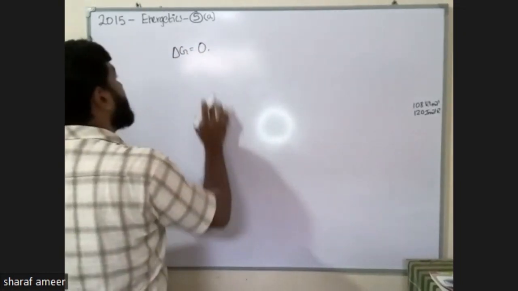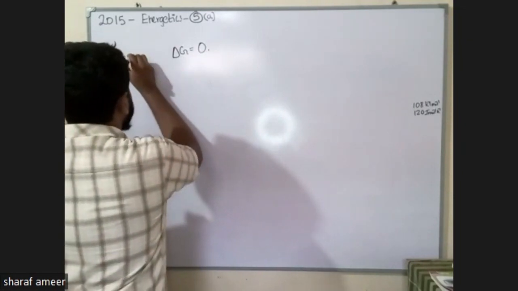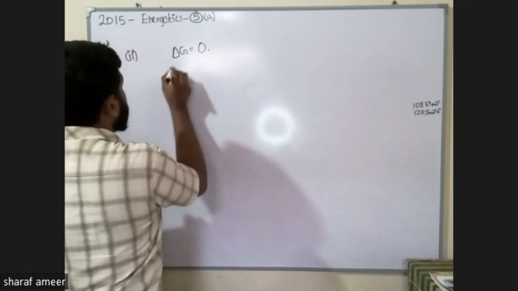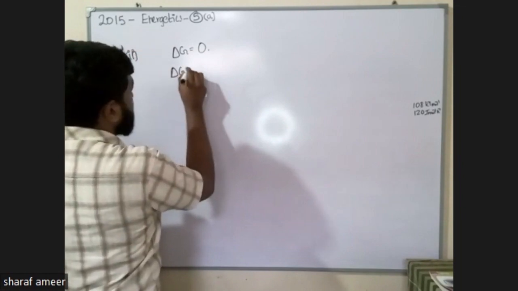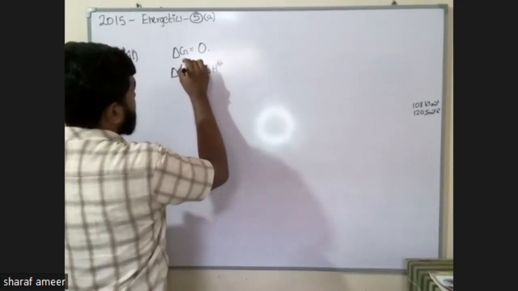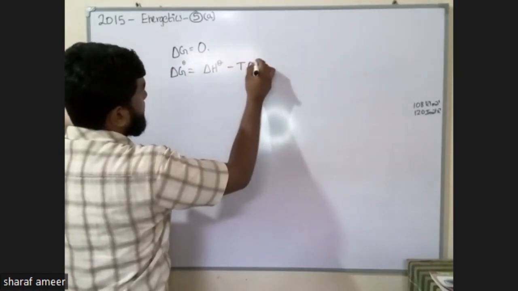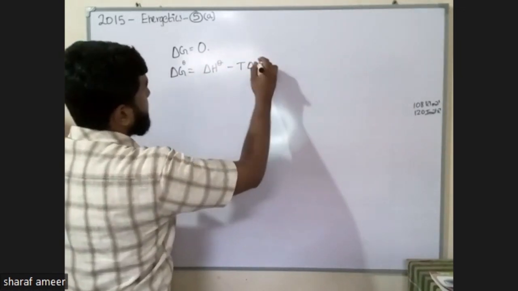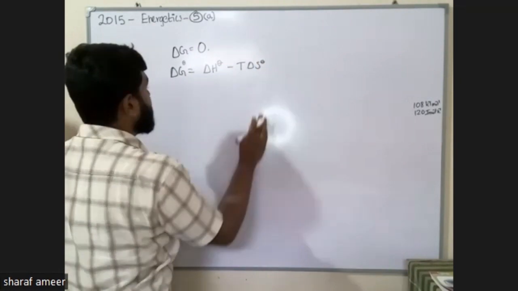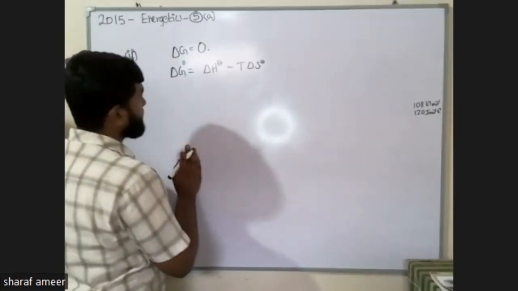At this point only you can find out the temperature. So delta G is equal to delta H theta minus T into delta S theta. So delta G is going to be 0.